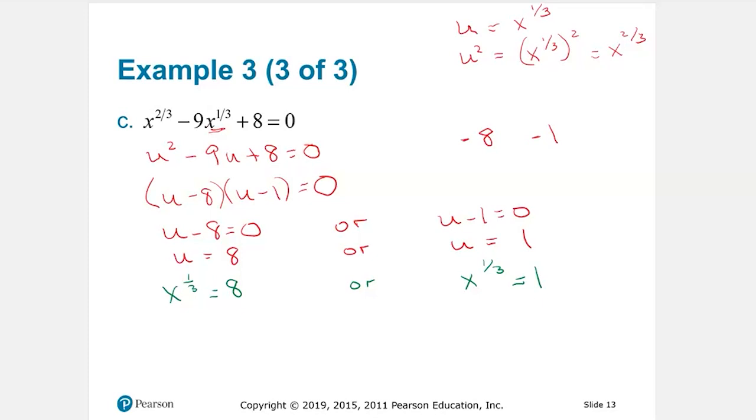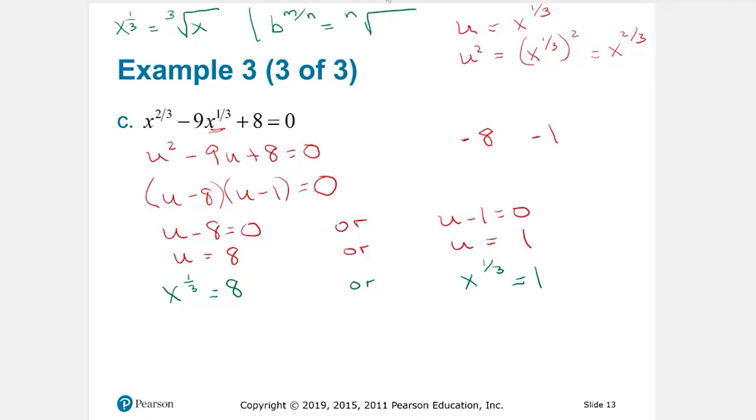Now, I'm not sure if you guys know this, but x to the 1/3 power is the same as the cube root of x. So basically, if we have a base b to some fractional power, I'll call this m over n, that's equal to the nth root.